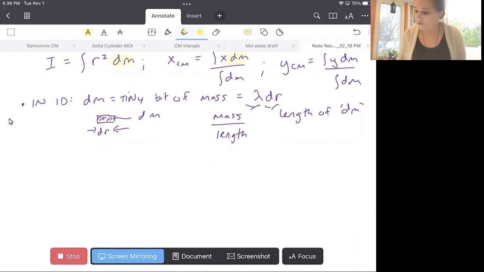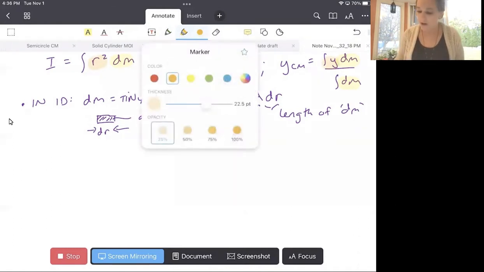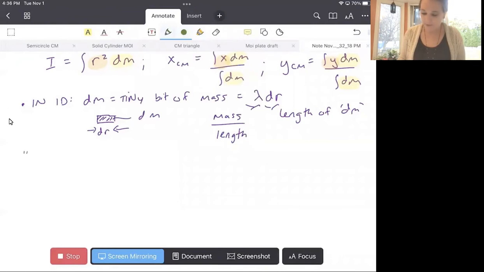So we want to focus first on the idea that all of these integrals involve dm, but they also are actually integrals over spatial things like r, x, or y. Okay, so let's go ahead and focus on dm, and let's do that in 2D and 3D.